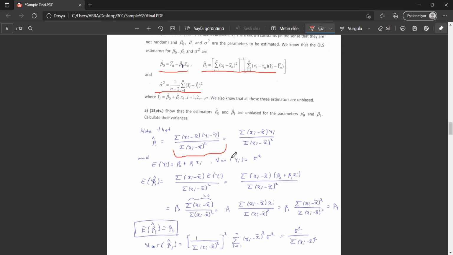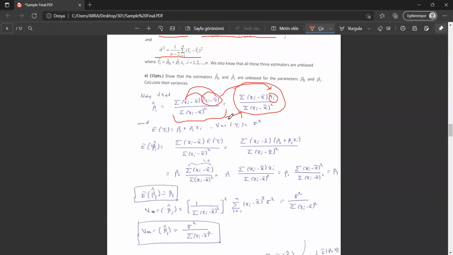This is also equal to summation of (xi minus x bar) times yi over summation of (xi minus x bar) squared. So this part can be turned into this part. These two things are equal to each other. You can see how it is done by the notes I have uploaded in the previous week. You can see it by separating and multiplying the terms one by one. And you will see that some things are canceling each other out, and you are left with this thing. This is also equal to this one.